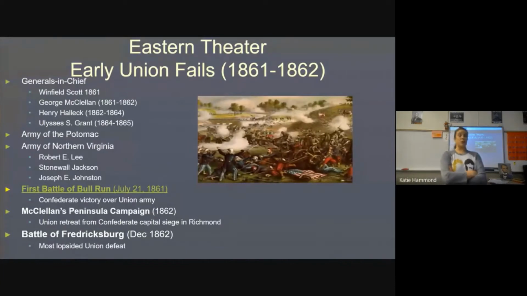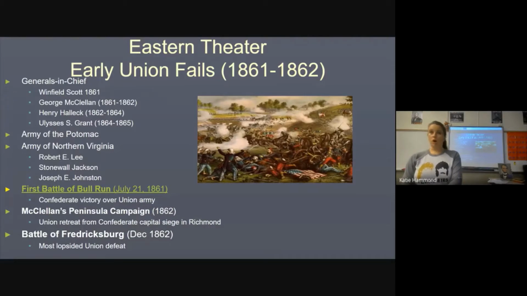Bull Run is about 25 miles away from Washington, D.C., so that is super close to the U.S. Capitol. It happened in July of 1861, and this is considered the first real battle. Remember, Fort Sumter was just an outbreak. The general in charge for the Union at this time was McDowell.